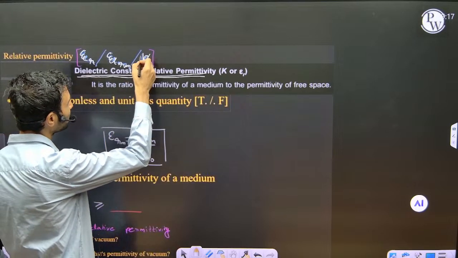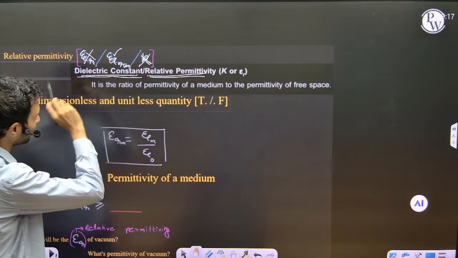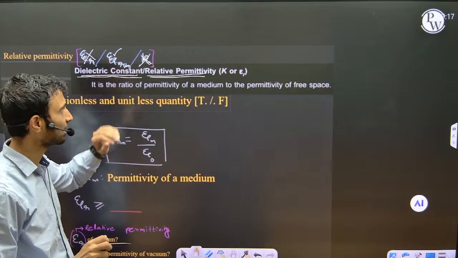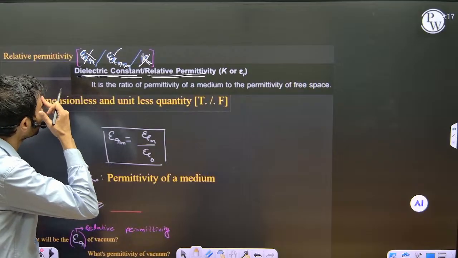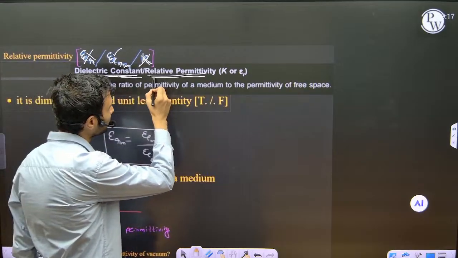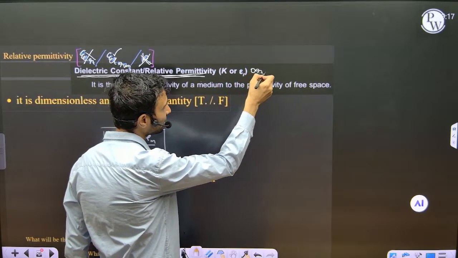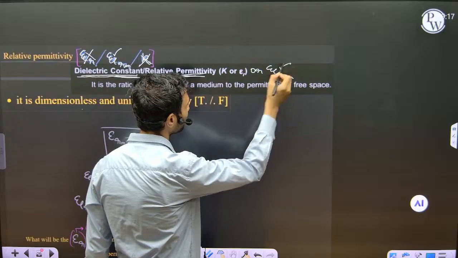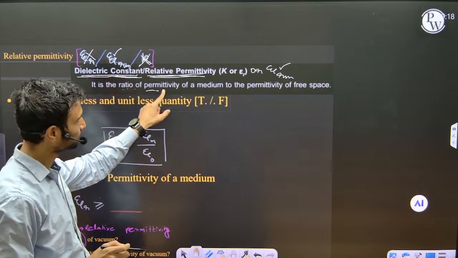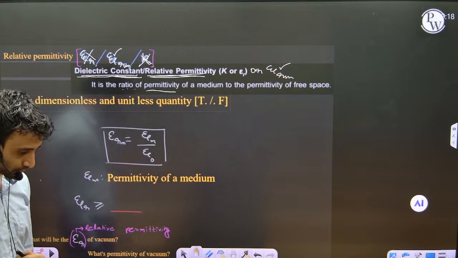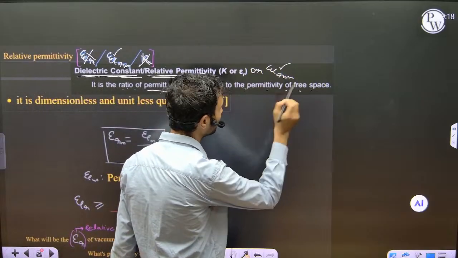But we will not be using k, but all these are also notations. Currently, I'll be using epsilon rm. Dielectric constant or relative permittivity is expressed by k or epsilon r or epsilon rm. It is a ratio of permittivities: the ratio of the permittivity of a medium to the permittivity of free space.